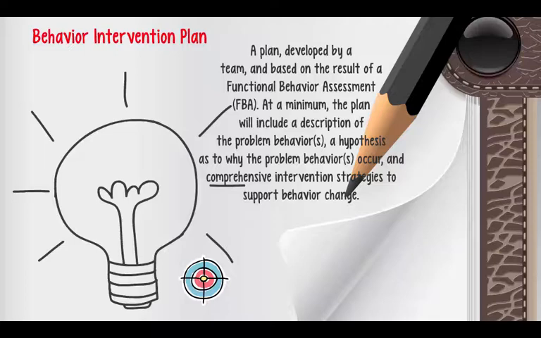So maladaptive behavior, problem behavior, becomes a challenge and an obstacle for an individual. So for that reason, we are developing a behavior intervention plan to address those issues and to try to give the person alternatives in terms of the way to behave, rather than resorting to things that become problematic for them in the long run.